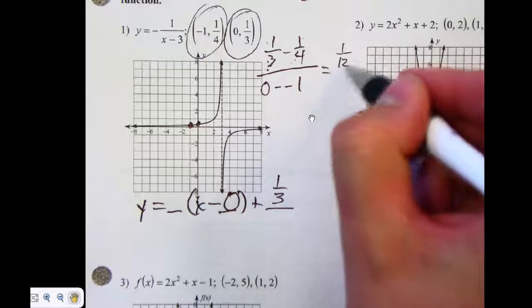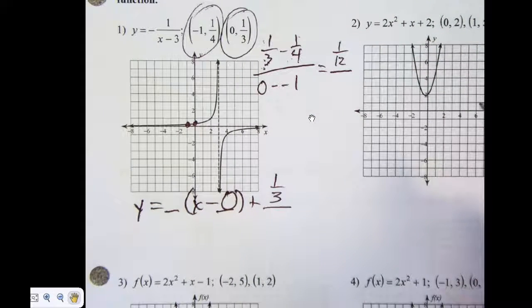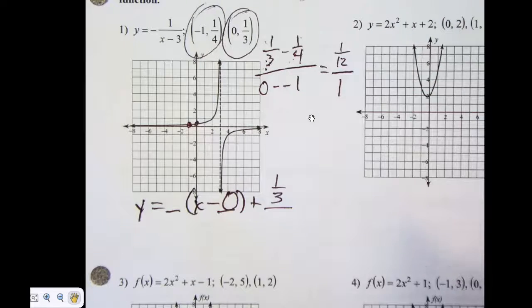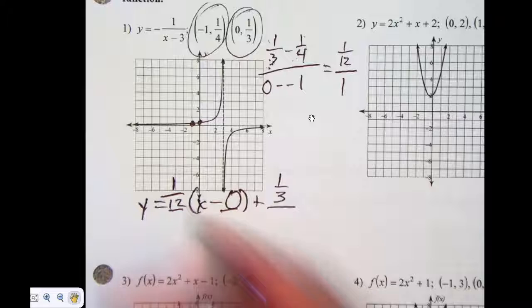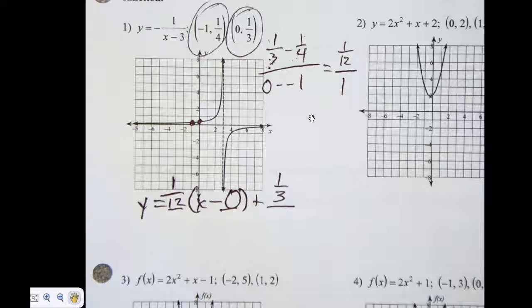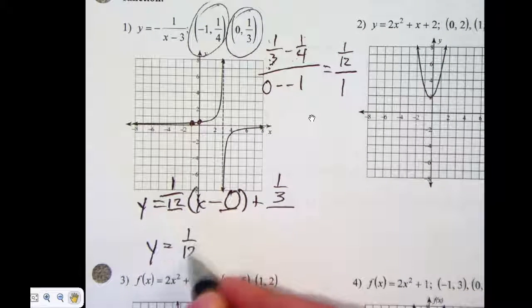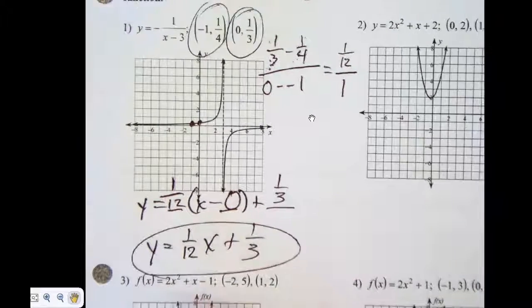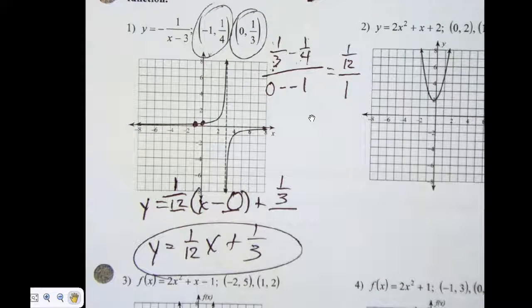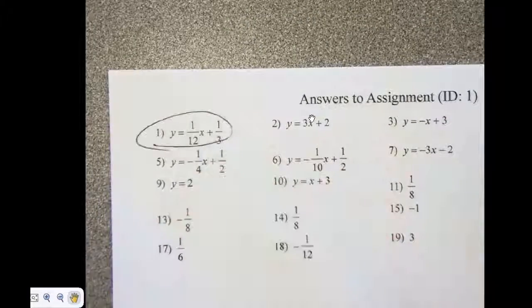So 1/12 over 1. Isn't that just 1/12? Then they're going to want you to distribute and put it into y equals mx plus b form. So this would be y equals 1/12 x plus 1/3. I do want it in slope intercept form. If you look at their answers, that's how they wrote it too.